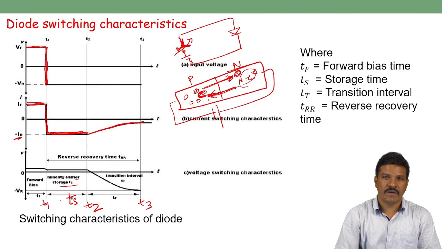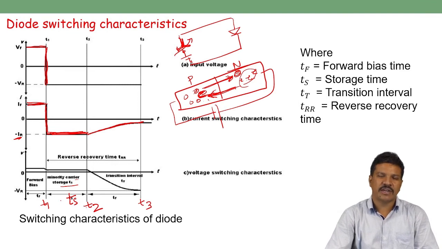This is what happens in a PN junction diode when it switches from forward bias to reverse bias connection. We simply think that forward bias has current flow and reverse bias does not.